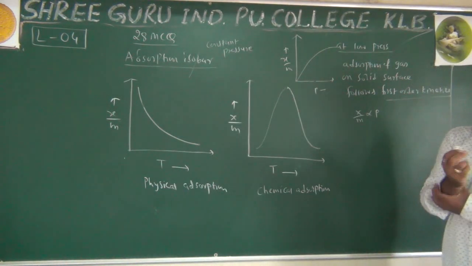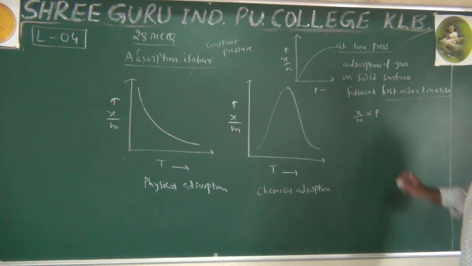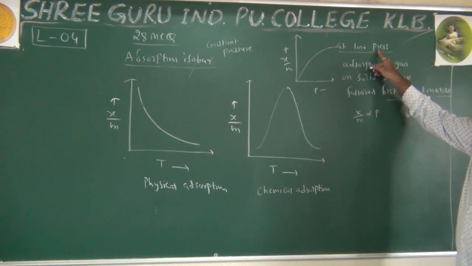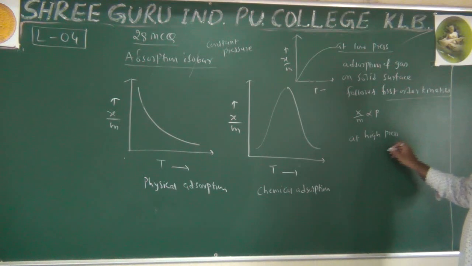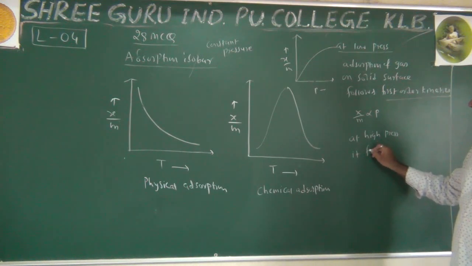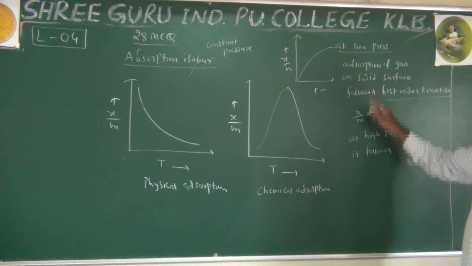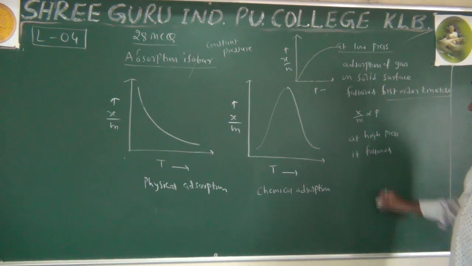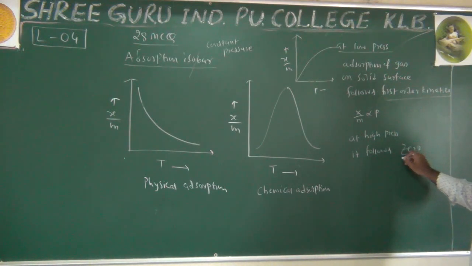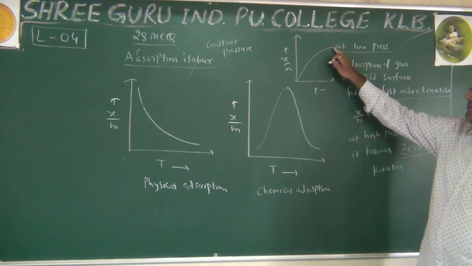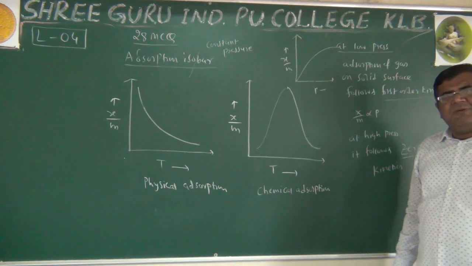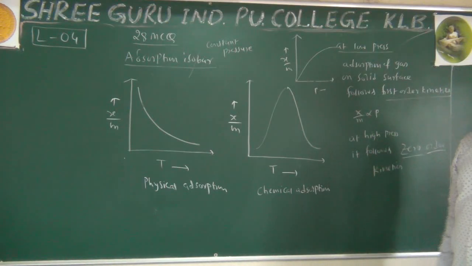We know this is one of the limitations of the Freundlich adsorption isotherm. So at low pressure it follows first order kinetics, and at high pressure the adsorption of gas on solid surface follows zero order kinetics, because increasing pressure will not increase the extent of adsorption at higher pressure.